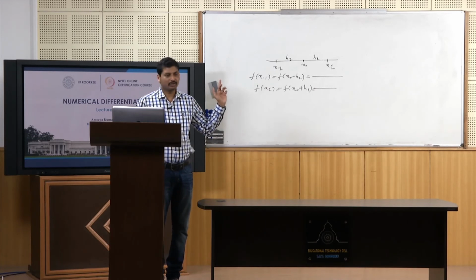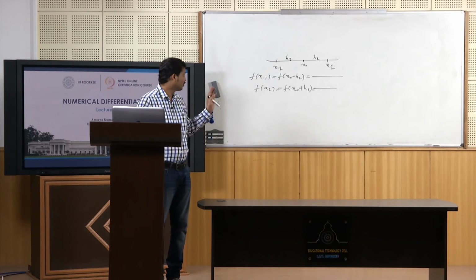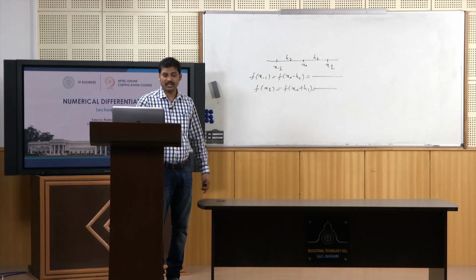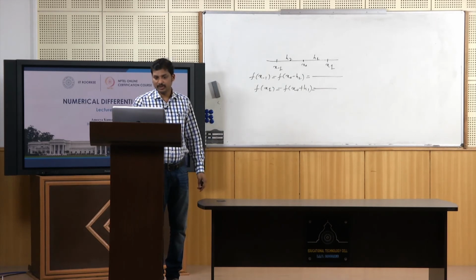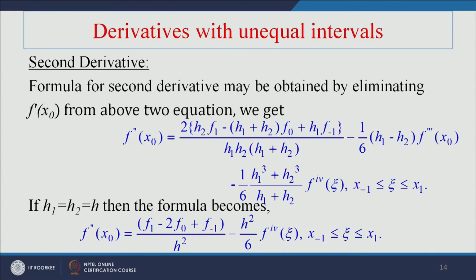To eliminate the terms of f0 dash, we have to multiply the first equation by h1 and the second equation by h2, and then we can eliminate f dash of x0 from both these equations and obtain this formula for the second order derivative in central difference approximations.